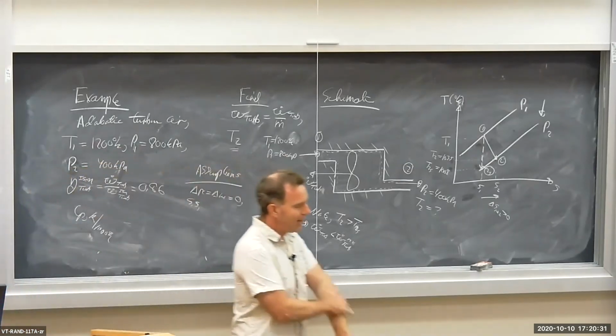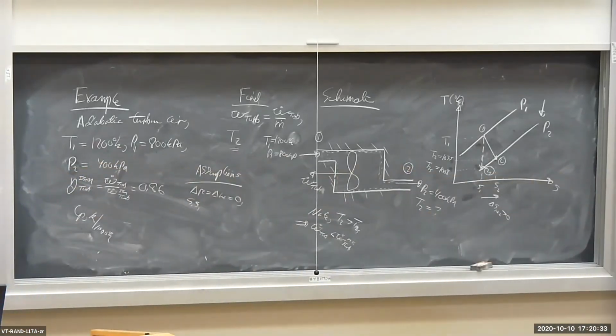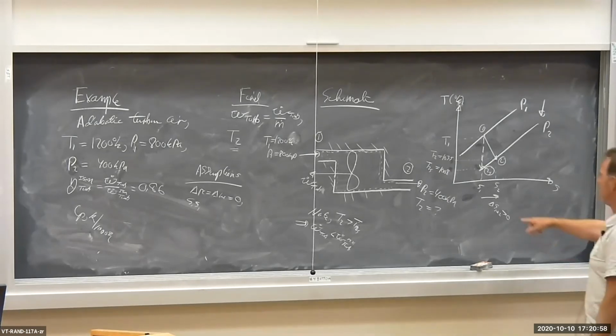Okay, you could do the same thing with a compressor for this kind of problem. You'd have a different definition of isentropic efficiency for a compressor. You would still be applying the energy balance. You would still be looking at an isentropic process, 1 to 2 sub S, to get an isentropic compressor work. So compressor problems are very similar to turbine problems, except that you're going up the TS diagram.